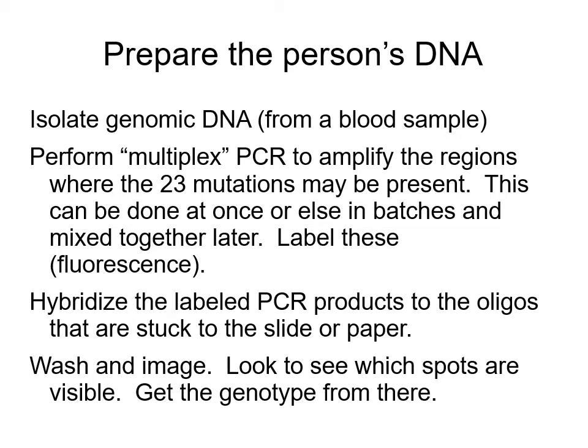They may amplify as many as 23 different regions because you want to have the person's equivalent to those oligos that you can then hybridize to what's on the filter. But this multiplexing can be done not with 23 necessarily, but in batches and then pooled later. And these will be labeled fluorescently, at least in the earlier versions of this. So you hybridize your PCR products to the oligos and then wash and image and see which spots are visible.